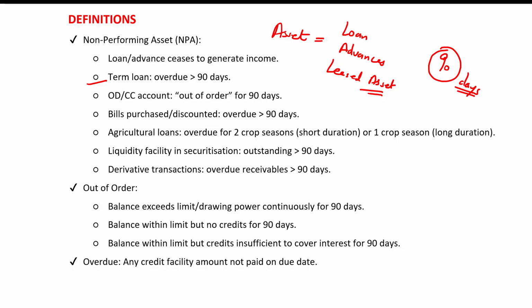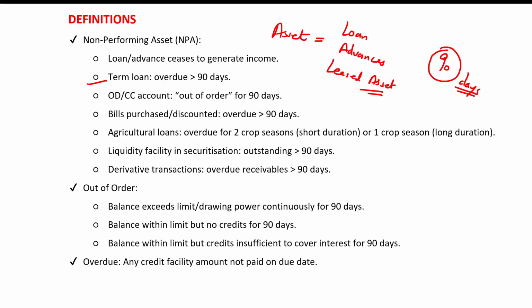And what is out of order? An overdraft or cash credit account is considered out of order when the outstanding balance is above the sanctioned limit or drawing power for 90 days continuously, or if the balance is within the limits but there are no deposits or credits made for 90 days, or if the balance is within the limit but the deposits made are not enough to cover the interest charge for 90 days, so the status becomes out of order.